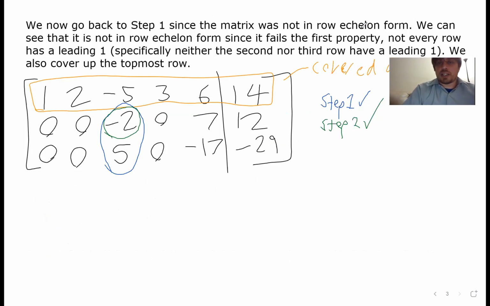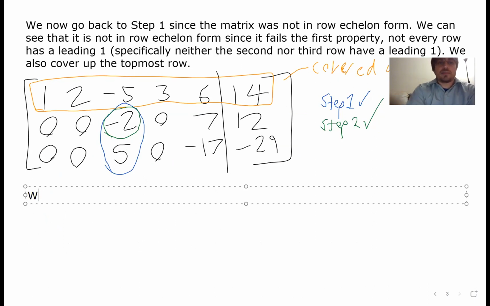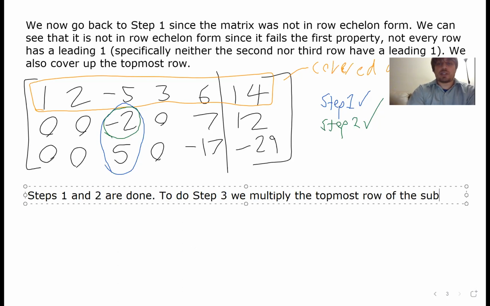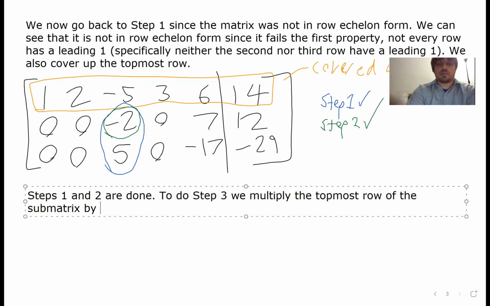And we're going to multiply that topmost row by 1 over -2. Steps 1 and 2 are done. To do step 3, we multiply the topmost row of the submatrix by 1 over -2 to introduce a leading 1.